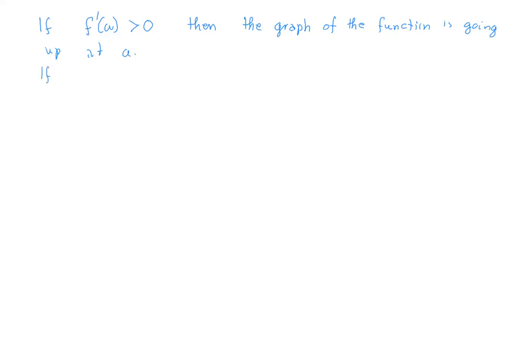And if f prime of A is less than 0, then the graph of f of x is going down at A. Certainly one could ask what happens if the derivative is equal to 0. That's something that we'll want to discuss separately, and it's going to be something very, very interesting, actually.